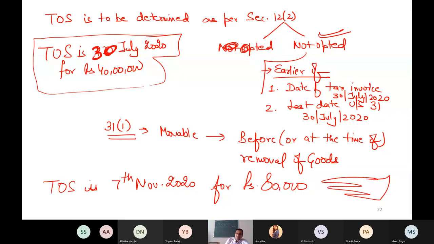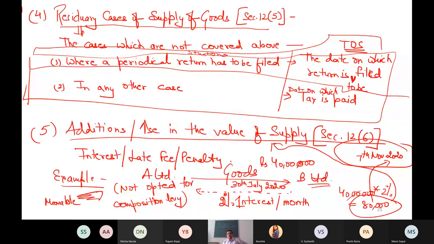Because as per section 12 subsection 6, whenever we have any addition and increase in the value of supply, then the time of supply is date of receipt by the supplier.